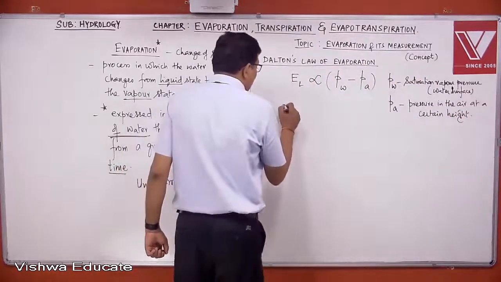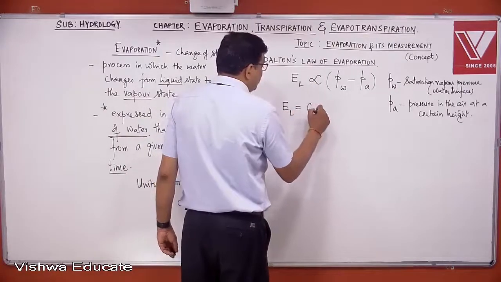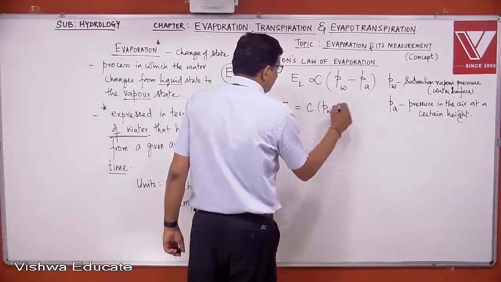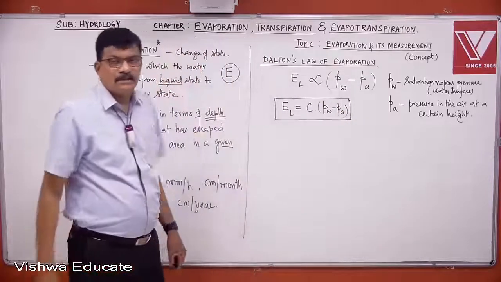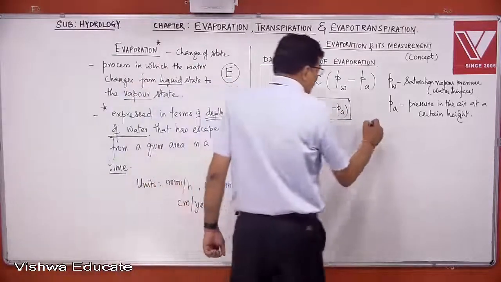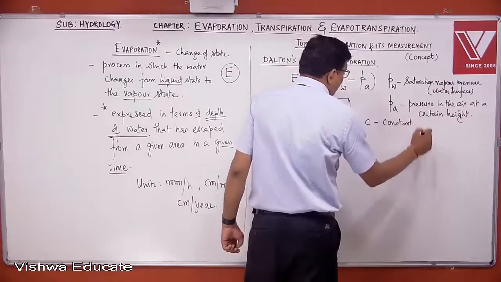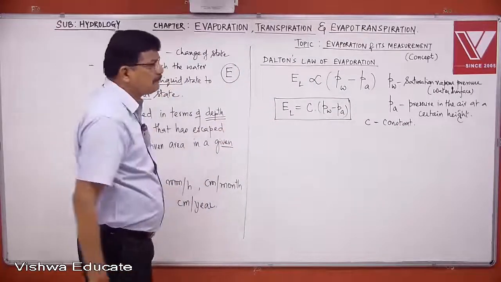So here we can rewrite it as, removing the proportionality, you get C times Pw minus Pa. This is the formula that is derived from Dalton's law, where C stands for the constant for the formula that has been given by Dalton.